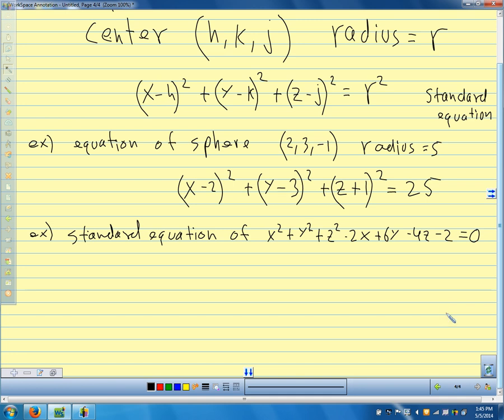We have to complete the square 3 times. One's for the x, one's for the y, one's for the z. And we know it's a sphere because we have an x squared, a y squared, a z squared. They're all added, they're all positive, and the coefficients in front of each are all the same. So we have a sphere.